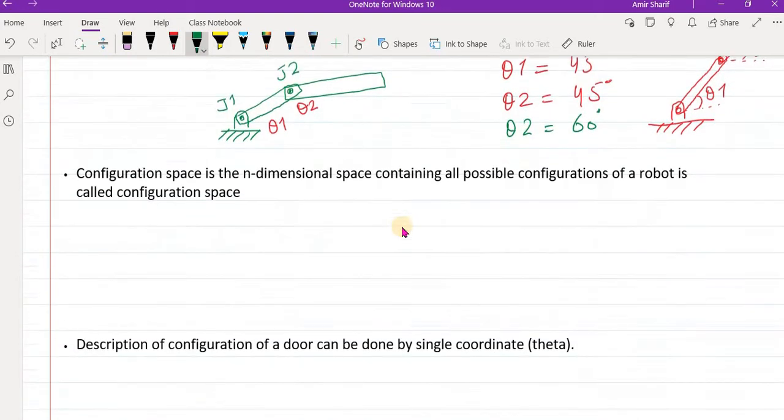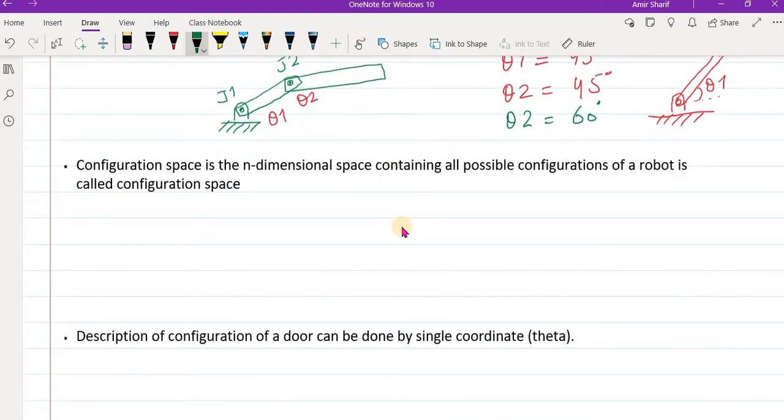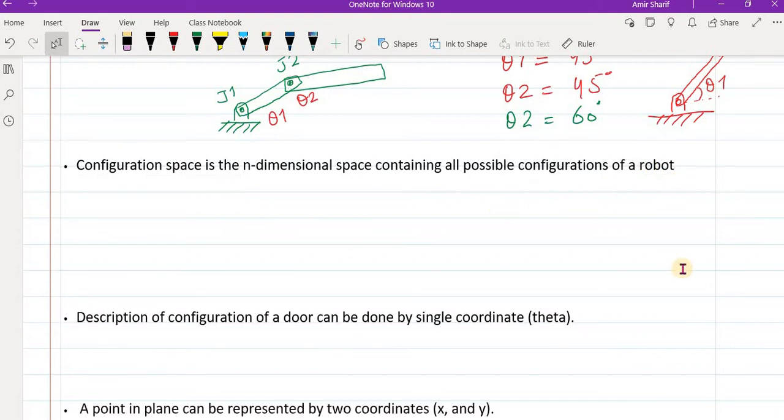So what is configuration space? Configuration space is the n-dimensional space containing all possible configurations of a robot. So all possible configurations of a robot, which means that it is an n-dimensional space. N is the number of joints in the robot.